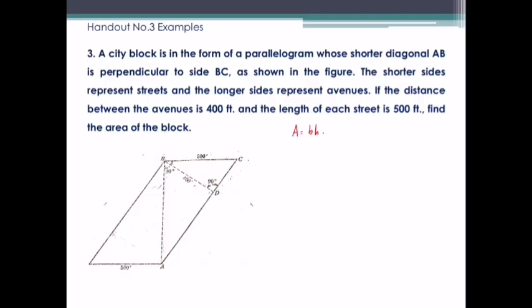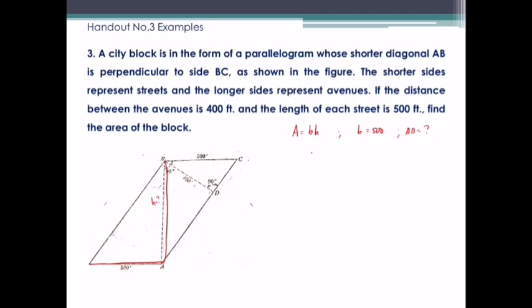And then our base, we can consider this as our base. So it is 500. In our figure, we consider the base to be 500. Then the height h is this one, which is AB. So we need to find AB.